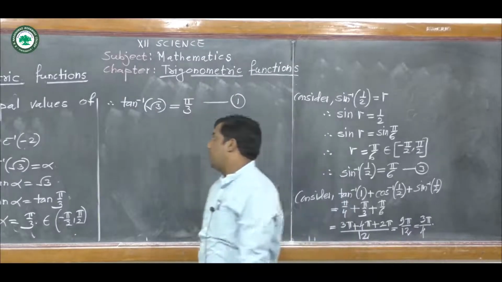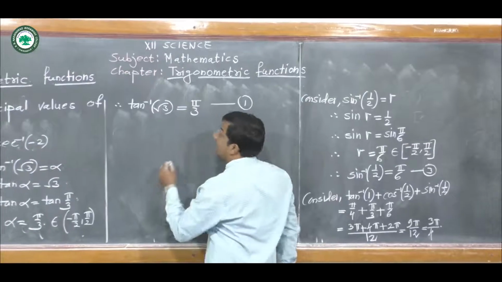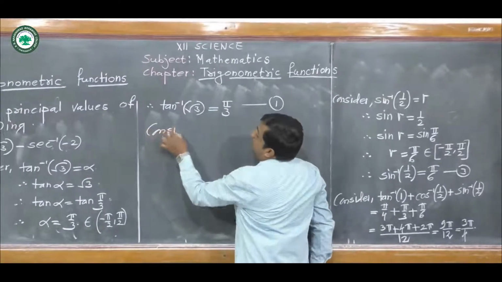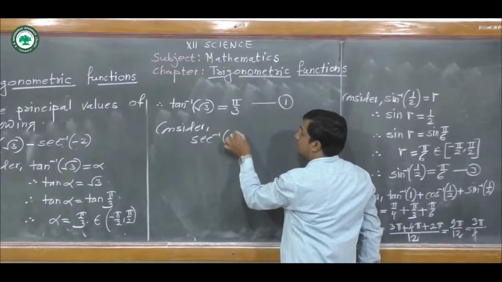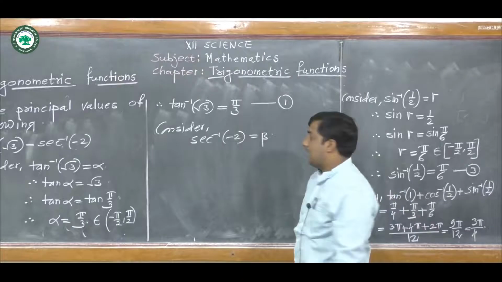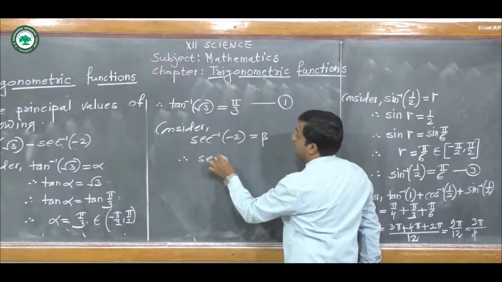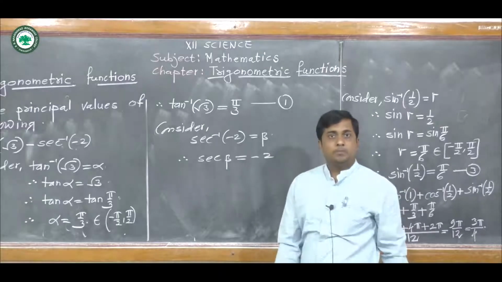Now we go with our second. Here given sec inverse of minus 2. Consider sec inverse of minus 2 is equal to beta. By using our definition, I write sec beta is equal to minus 2.